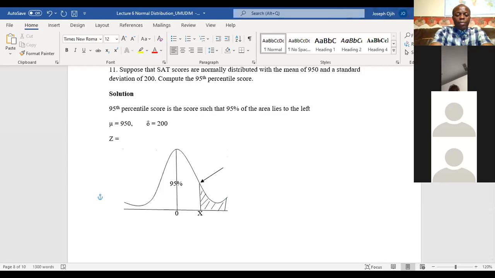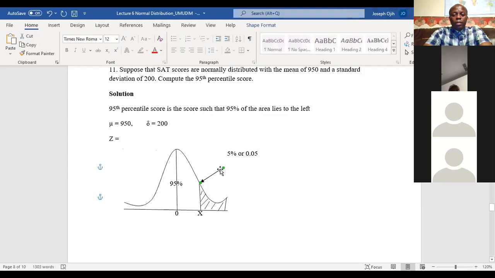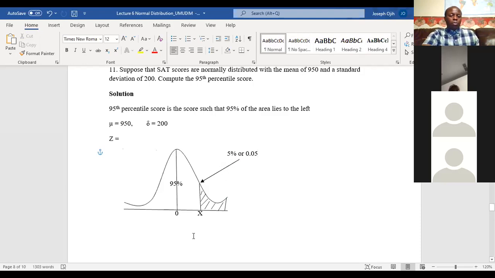So 95% means 5% is left, or if you change it to decimal, 0.05. That is the cutoff here.